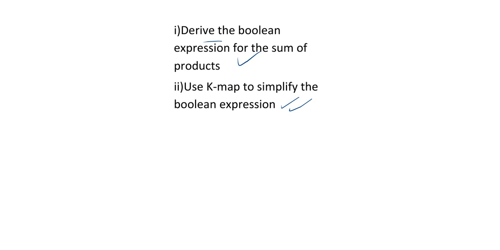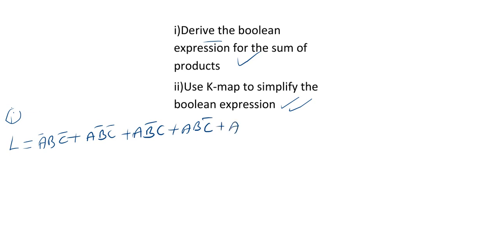So our expression is, let's write it in full, Roman 1, whereby L, which is the output, L will be not A, B, not C, plus A, not B, not C, plus, in logic gates plus is an OR, so we can say or A, not B, C, or A, B, not C, or A, B, C. So that is the expression for the Roman 1.